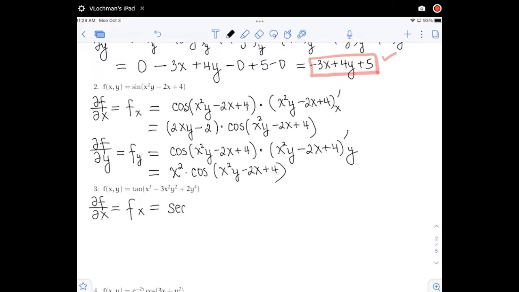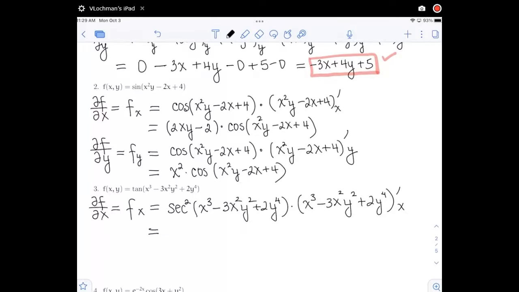Okay, good. So secant squared of what's inside, times this expression right here, prime with respect to x. Okay, all right. So if somebody can compute that derivative for me, please let me know.